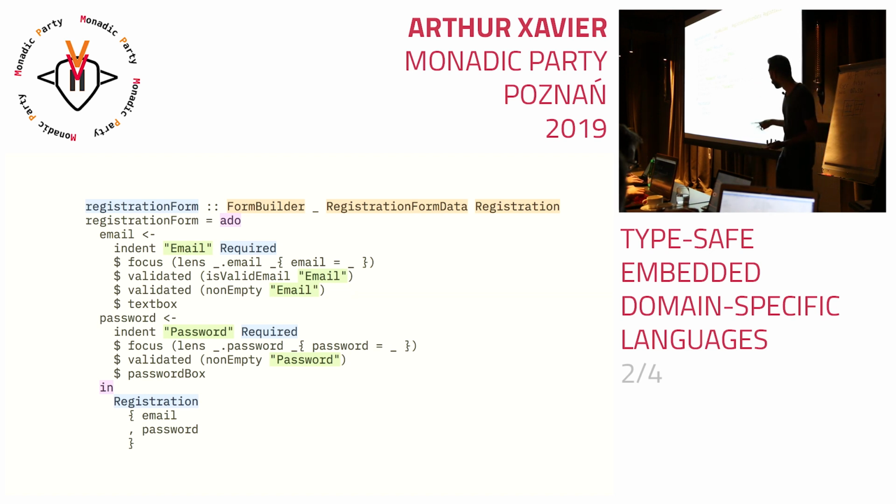We could also use monads here, but I'm not going to show them, though this language supports monads as well. They have a slightly different behavior, because if the previous field is invalid, then you're not going to be able to access the effects produced by the rest of the form. So you're not going to see the fields actually, right? The subsequent fields only become visible when the previous ones are valid, when they can produce a valid result.